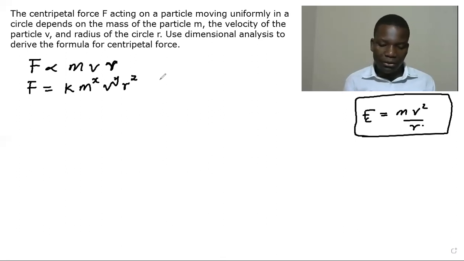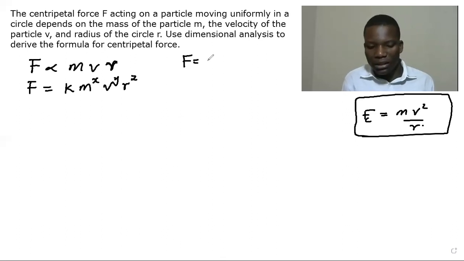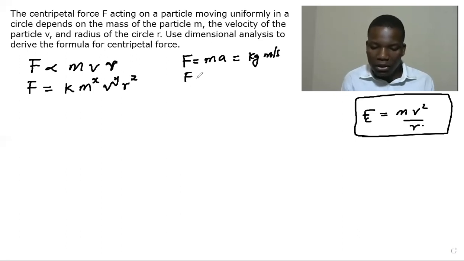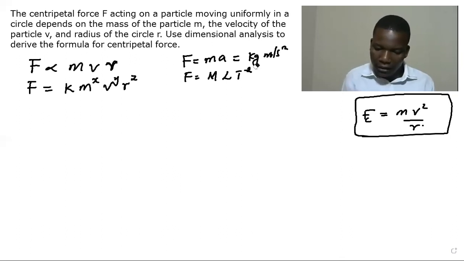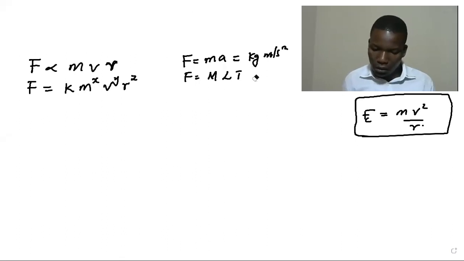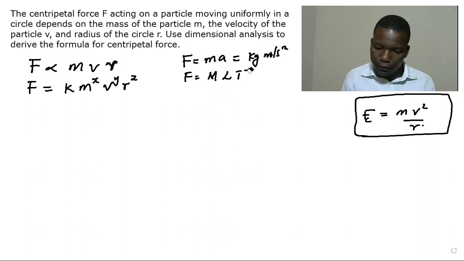We first have to find the dimensions. The dimension of force: we know that force is given by mass times acceleration, and mass is given in kilogram, and acceleration is given in meter per second squared. So the dimensions of force are M L T^-2, because acceleration has the power 2, so we have a negative 2 up there.